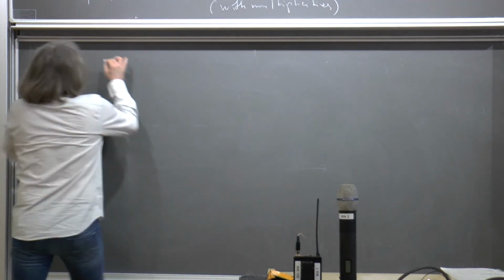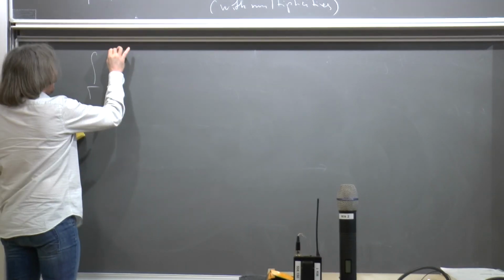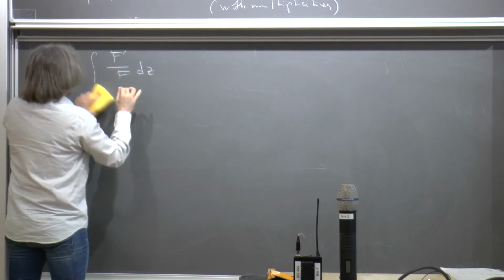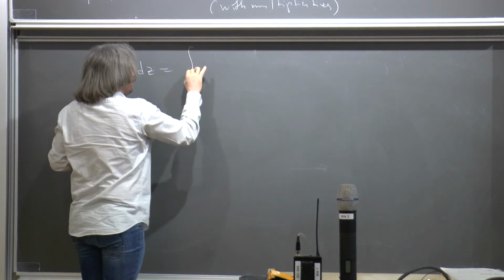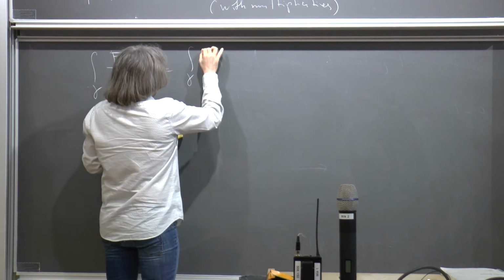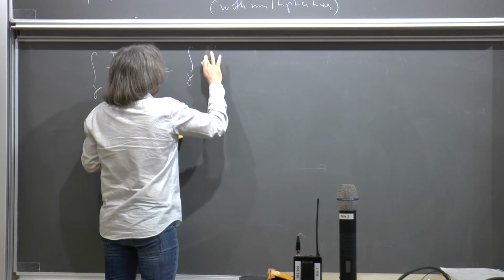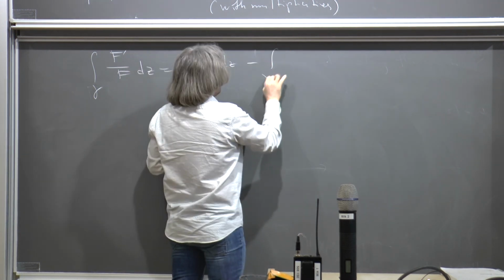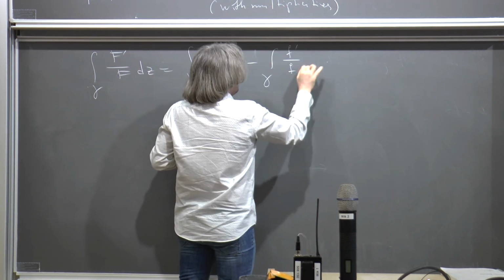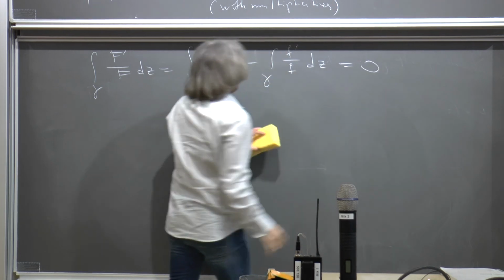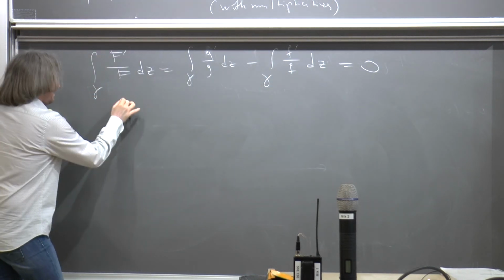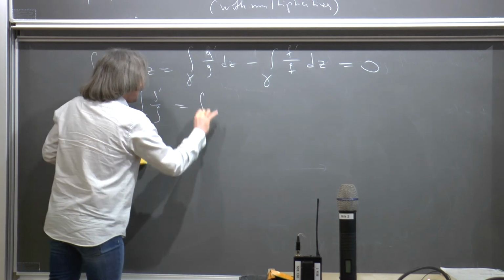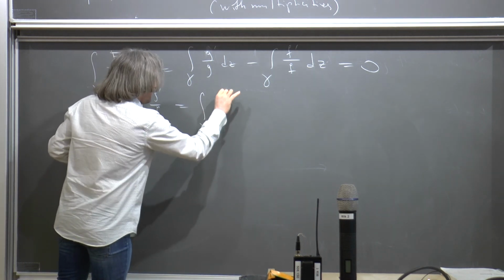So the integral over gamma of F prime over F dz is the integral over small gamma of g prime over g dz minus the integral over gamma of f prime over f dz, and it is 0. So it follows that the integral over gamma of g prime over g equals the integral over gamma of f prime over f.